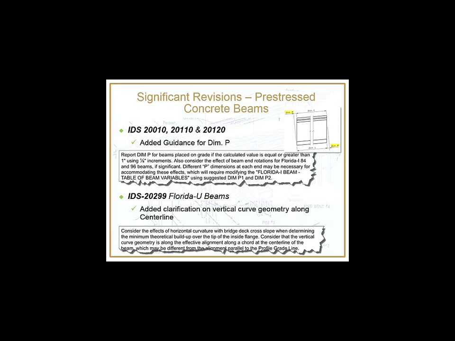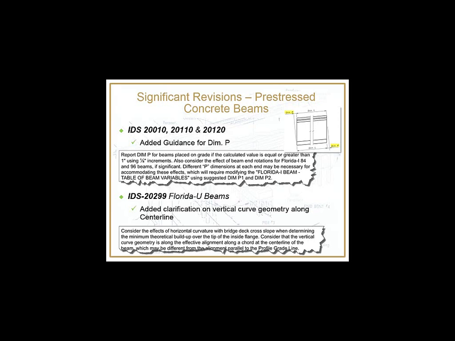We've seen some designs where, for very small increments of dimension P, precasters were having to comply with a dimension much less than 1 inch. So we've added guidance in there that when that dimension P is less than 1 inch, then you can just make the end of the beam square, and you don't have to adjust the slope on the end of the pre-stressed beam.